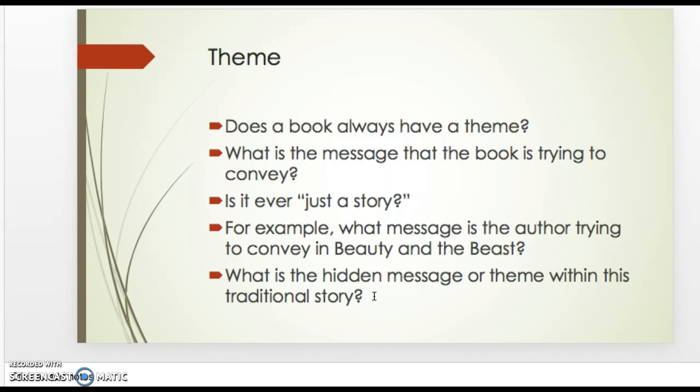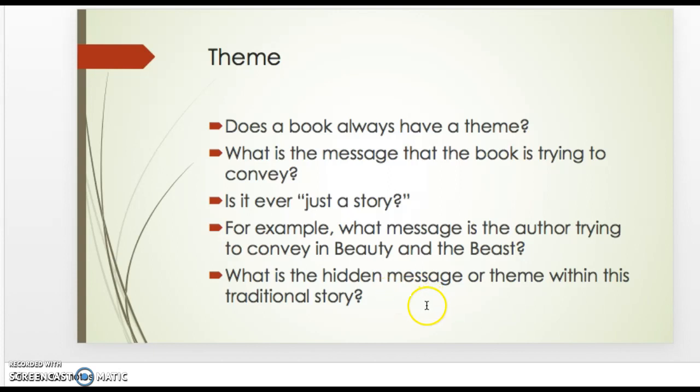One of the hidden messages, and we've talked about this a little bit in class, is the idea that women are subservient to men. Beauty was subservient first to her father, and she did make this choice to help her father, but maybe she's making that choice because she feels like that's the only choice she can make.